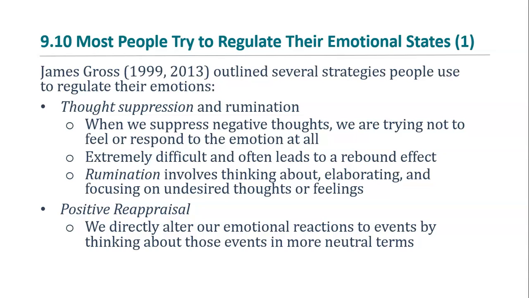That doesn't seem to work really well in the long term either. One thing that has some success is what's called positive reappraisal. This is thinking about the feelings that we're having and trying to view them in a more objective, neutral way.